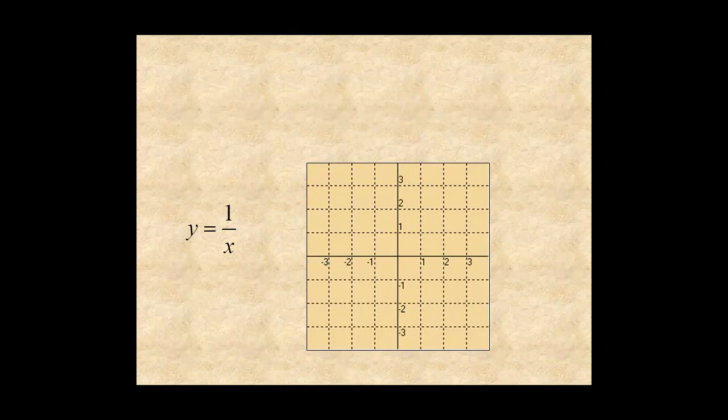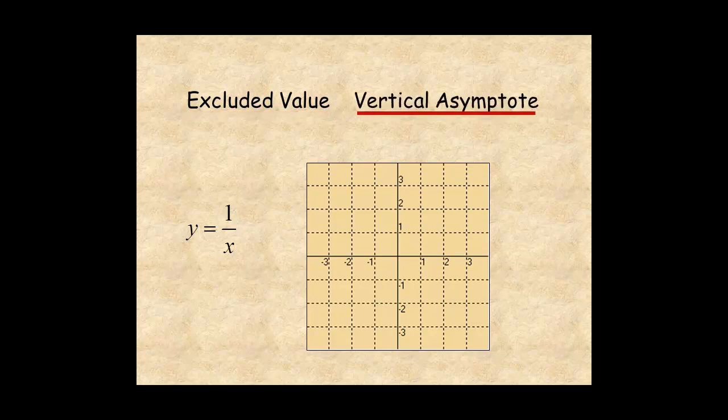So the value of the variable that makes the denominator of a rational function equal to 0 is an excluded value. For rational functions in this course, there's a vertical asymptote at the excluded value. So for the parent function, there's an excluded value and a vertical asymptote at x equals 0.